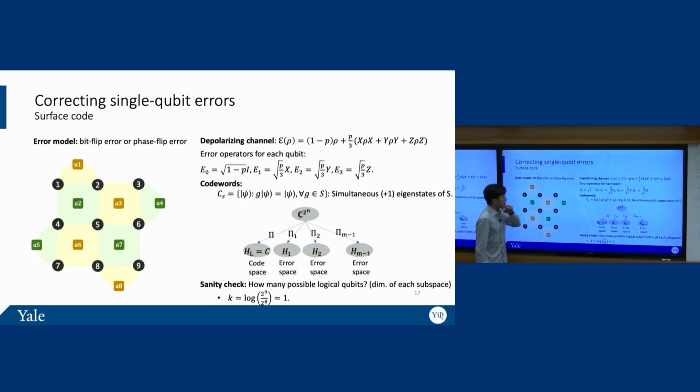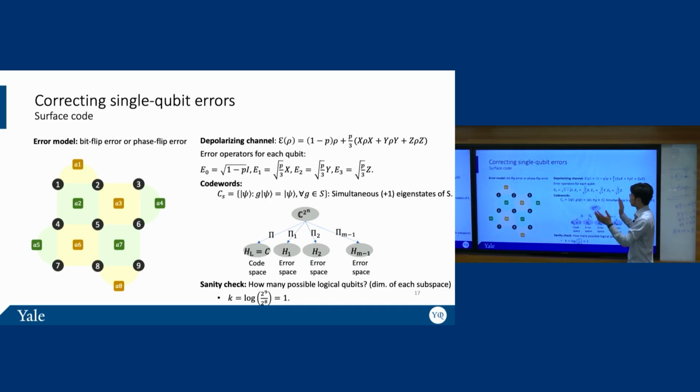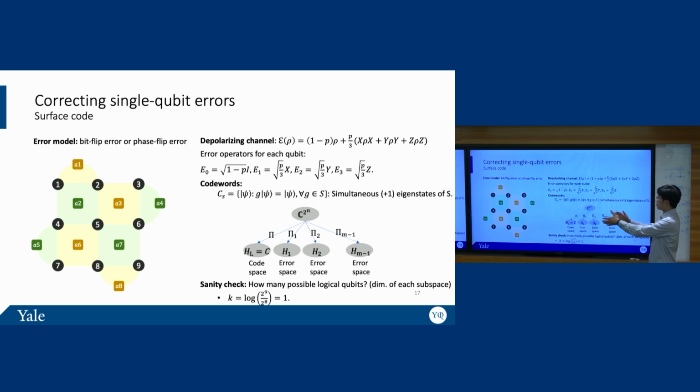And of all the possible basis states that span the entire 2 to the n dimensional Hilbert space, some of them are +1 eigenstates of a stabilizer G. Some of them are -1 eigenstates. In fact, I will cut the entire Hilbert space in half. One is the +1 eigenstate group. The other is the -1 eigenstate group. And by doing this projection, I'm sort of picking one of the groups.